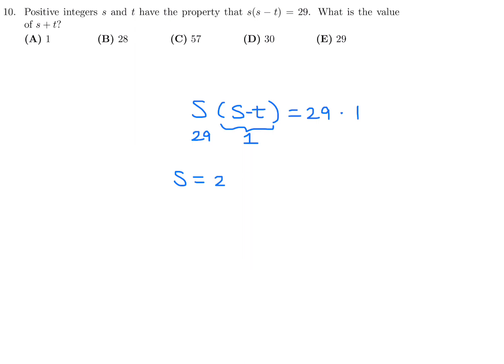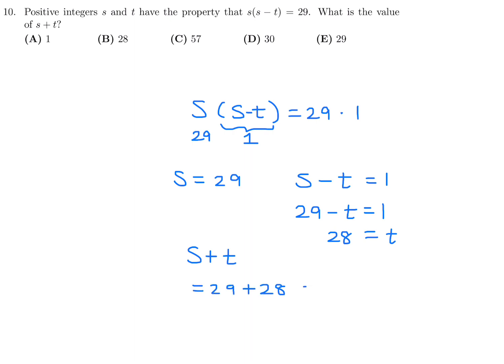So that means s is 29, and then s minus t is equal to 1. So that means 29 minus t is equal to 1, and therefore t is equal to 28. They want s plus t. Okay, no problem. s plus t will be 29 plus 28, and that is equal to 57. Number 10, the answer is C.